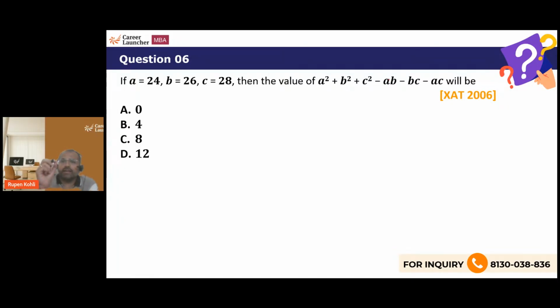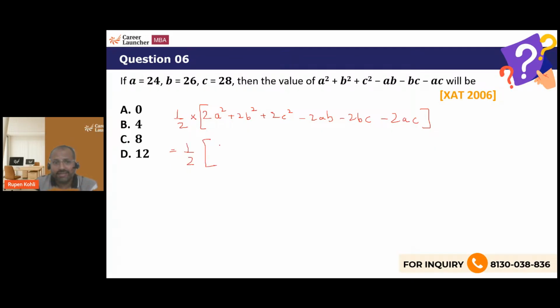So if I can get a factor of 2 there, then I can use the expansion of a minus b whole square. So I multiply and divide this expression by 2, so I can write this as minus 1 into 2 of this whole thing, which becomes minus 1 into 2a square plus 2b square plus 2c square. And now this 2ab, 2bc and 2ca will help me write the expression of whole squares.